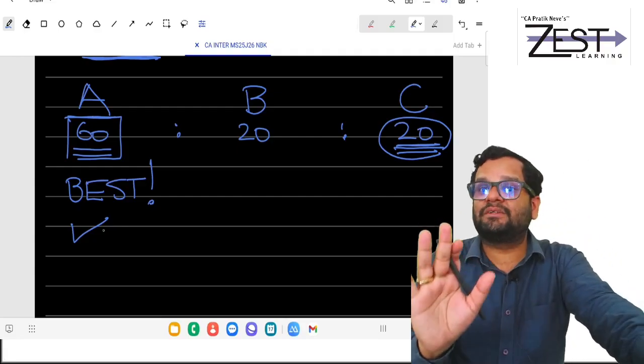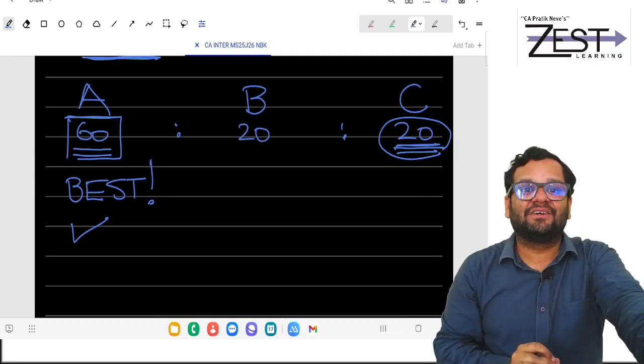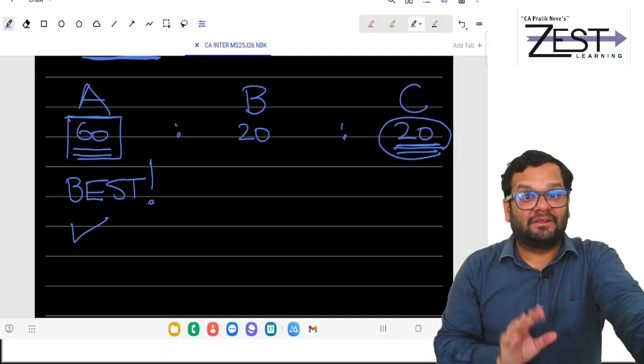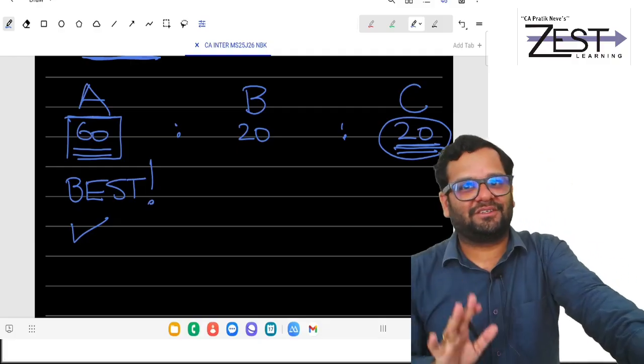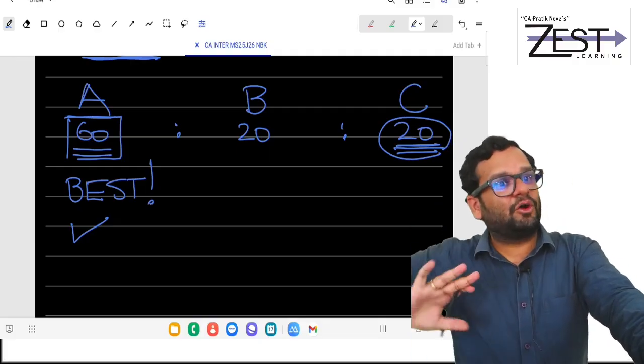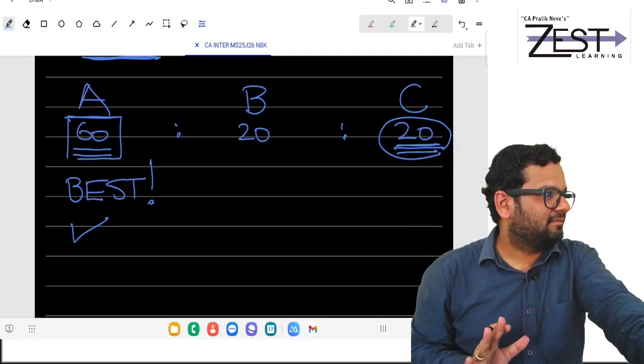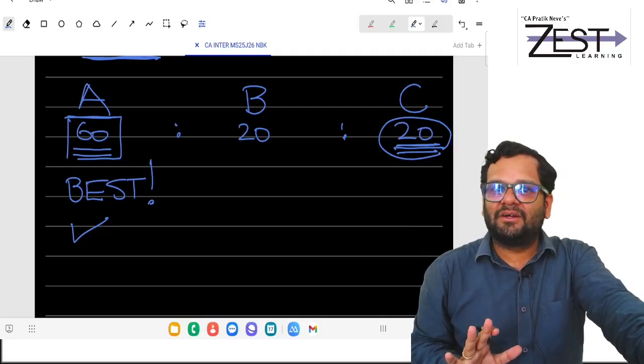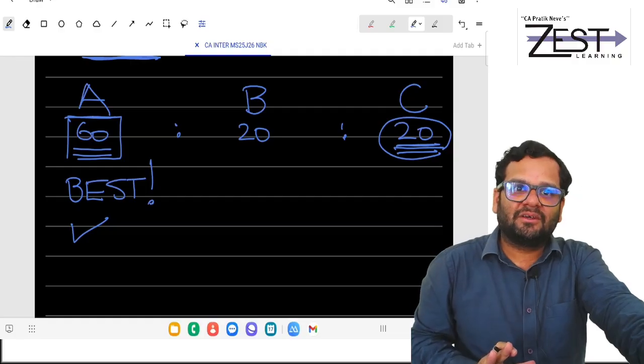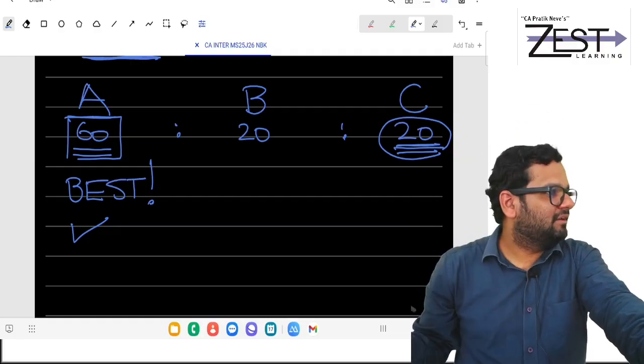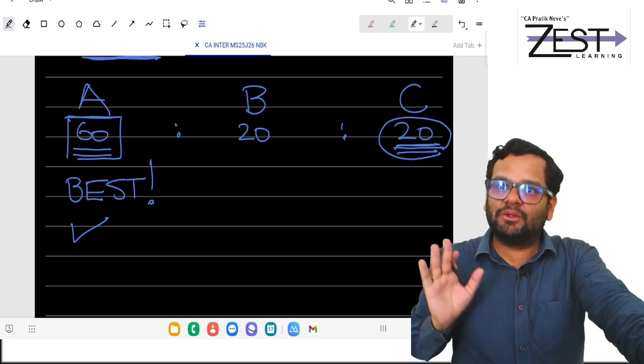Believe me, what happens when you solve this 60 first? I'll give you one analogy of cricket. First ball is a yorker, you will dig it out, right? First ball is a bouncer, you will just let it go, right? First ball is outside the off stump, you will leave it, right?